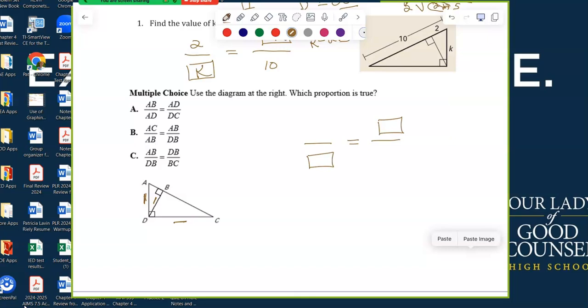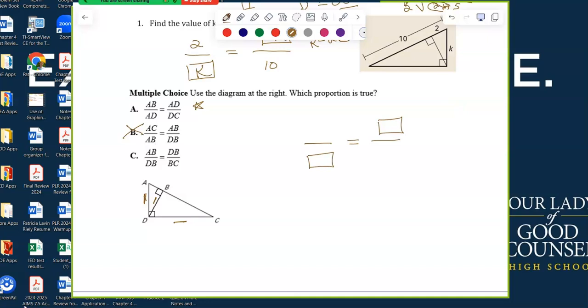Okay, so I need either AD in low and high. Okay, so this is a possibility. Maybe. AB is not a geometric mean. It can't be in the low-high. And what about DB? Oh, DB could be, because DB is a geometric mean.